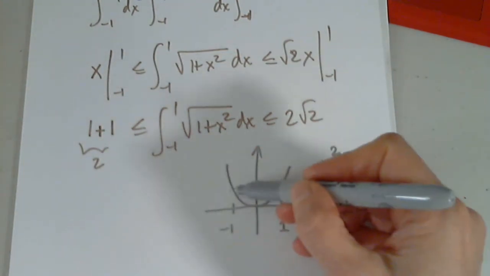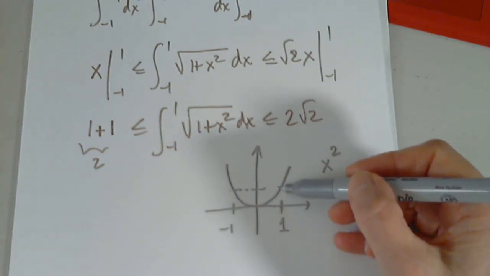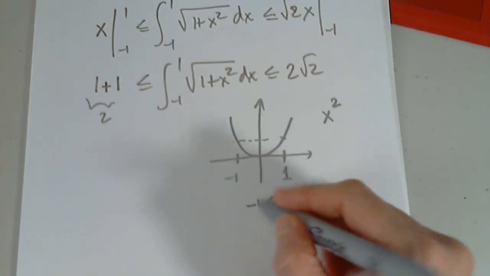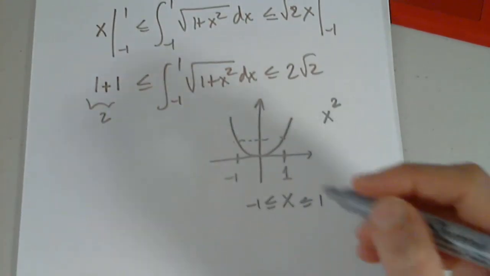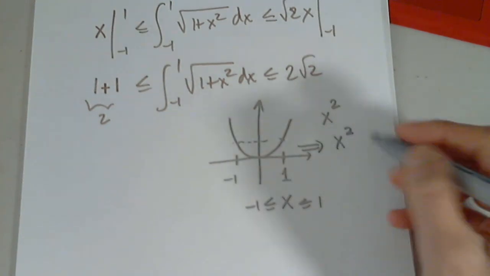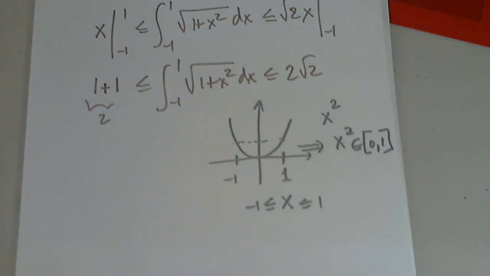So the y values of this function are between 0 and 1. So if x is between -1 and 1, look at the function, and you'll see that x squared must be a number between 0 and 1 as a result of that.